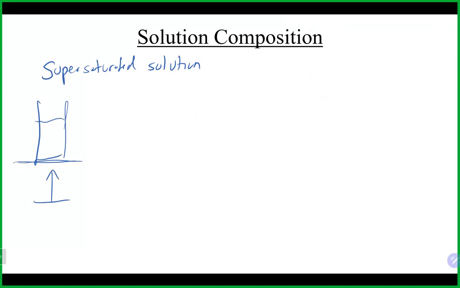Because solubility is based on temperature, at this hotter temperature you're going to be able to get a lot more solid dissolved in it than you would at room temperature. So as you're heating this up, you can dissolve a lot of solid into that solution. And then typically what you do afterwards is let it cool down pretty much undisturbed. You don't really want to touch it.